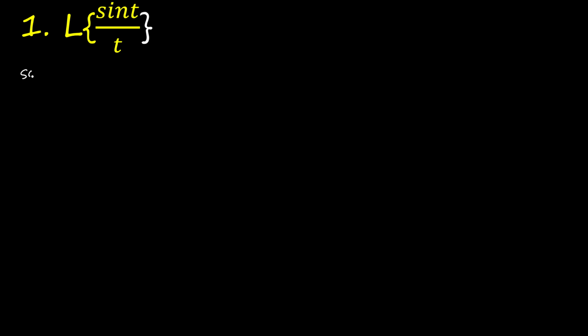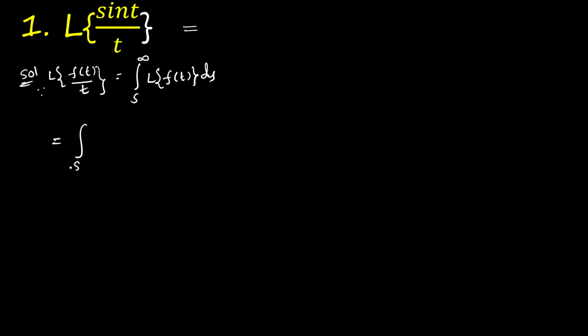Yes, solution. By the division by t, L of f of t by t is equal to what? Integral s to infinity Laplace transform of the numerator into ds. So how do we write here? Integral s to infinity Laplace transform of the numerator. The numerator is what here?